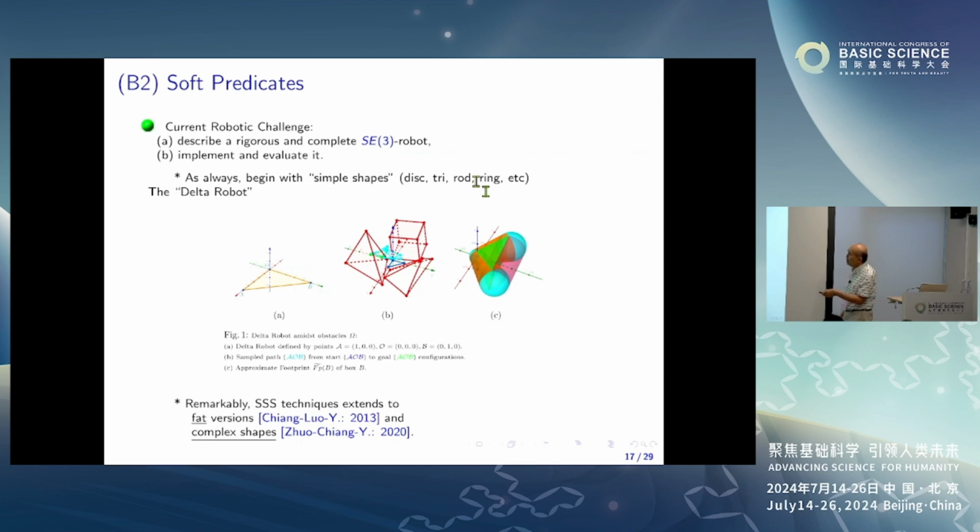And in 3D, the simplest for us is to define a triangle like this. This triangle is our robot. We call it a delta robot. And here's some visualization. By the way, Chee has a poster out there, in A2, describing this work. So you can talk to him if you're interested.